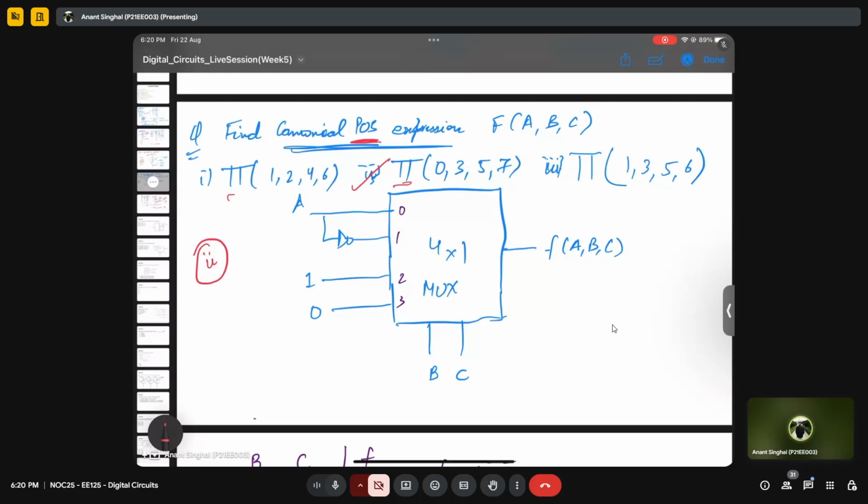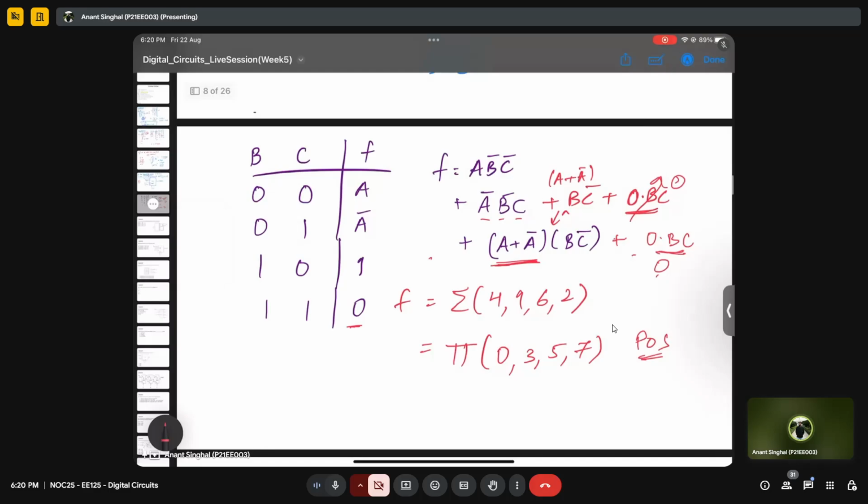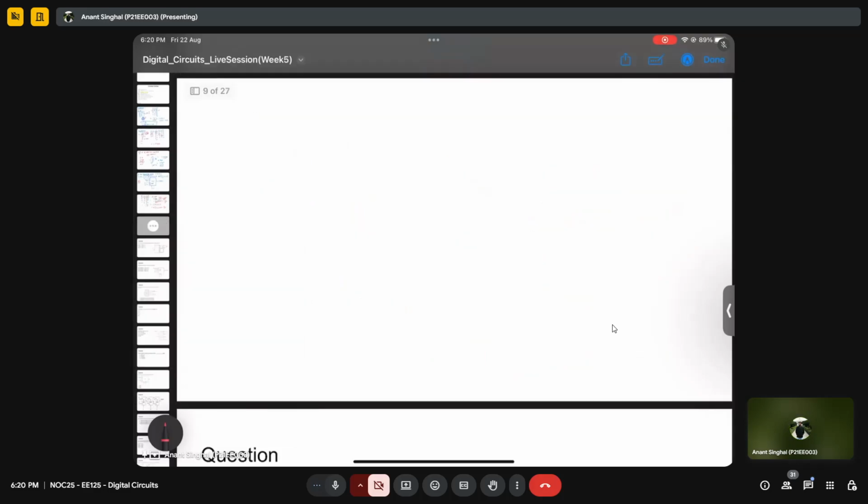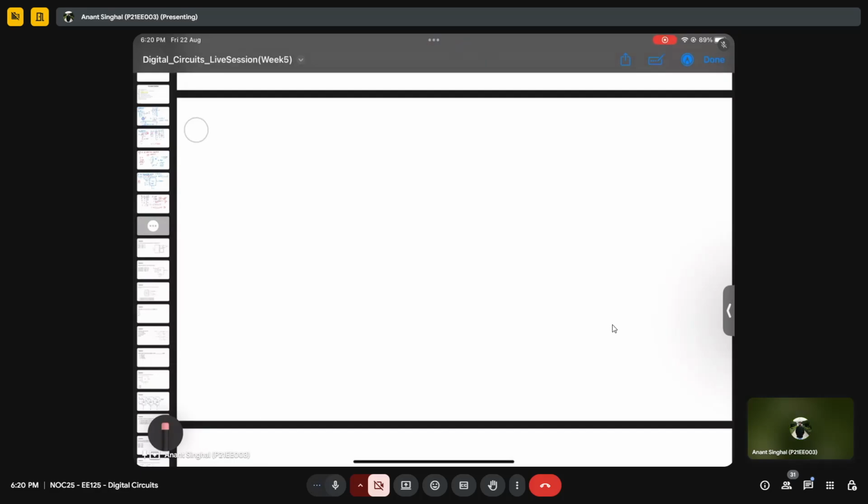Okay, let's do a better problem now. Again I've given you a 4 cross 1 multiplexer, and I'm saying the output of that multiplexer is x y plus z. Here x is MSB and z is LSB.